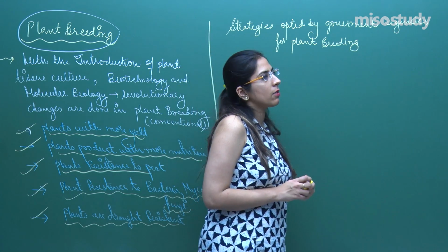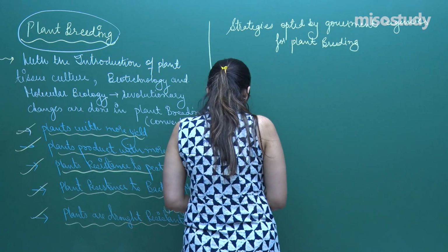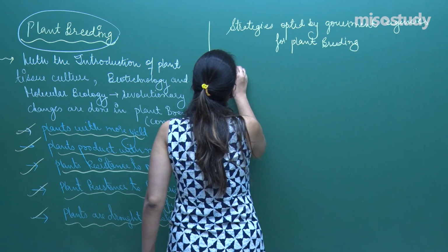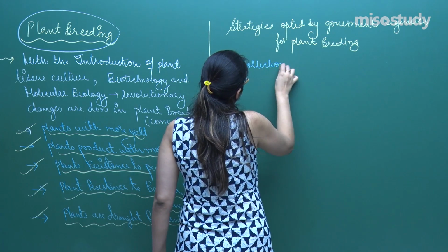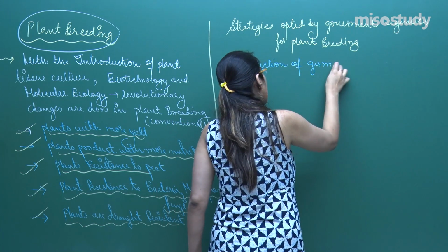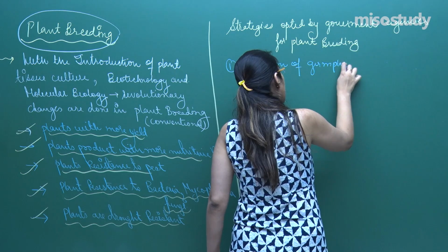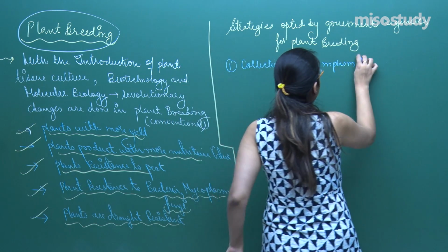So the first is called the collection of the germplasm. So first let's talk about the collection of germplasm, or collection of variability.